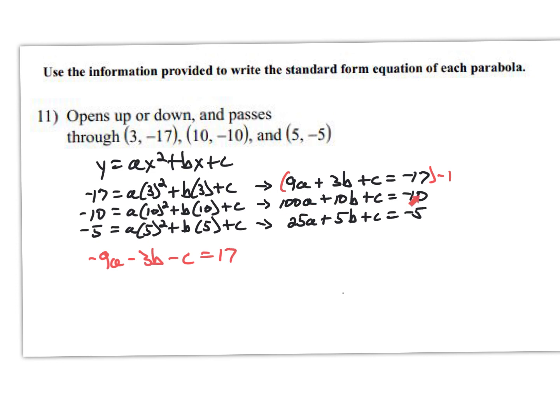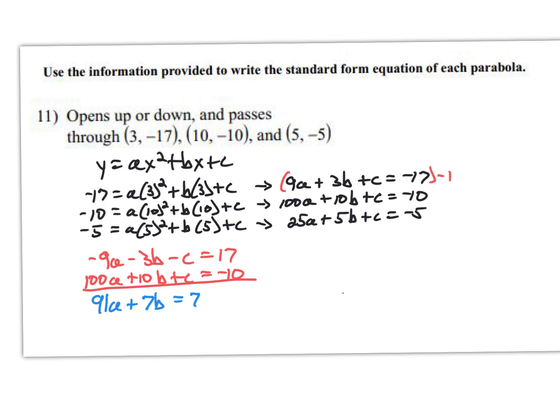Then I'm just going to bring this one down, so I end up with 100a plus 10b plus c equals -10. Again, I'm eliminating the c variable, and I'm combining these first 2 to see what I get. Okay, so you can see now I have 91a plus 7b equals 7.